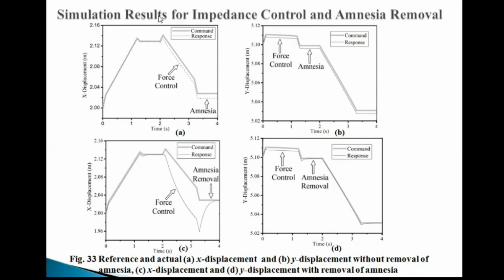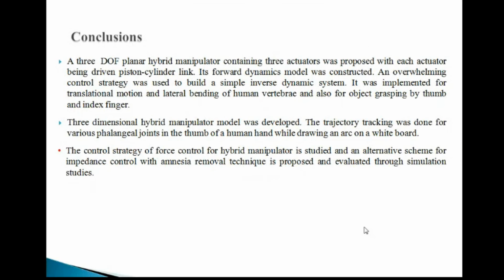But this is called amnesia error as depicted here. And then this platform moves from point B to C, so that trajectory tracking is done fully, as shown in the last figure where amnesia is removed. So during the whole time, there comes some difference in the trajectory tracking, but it is able to be removed at the endpoint. So that's all.